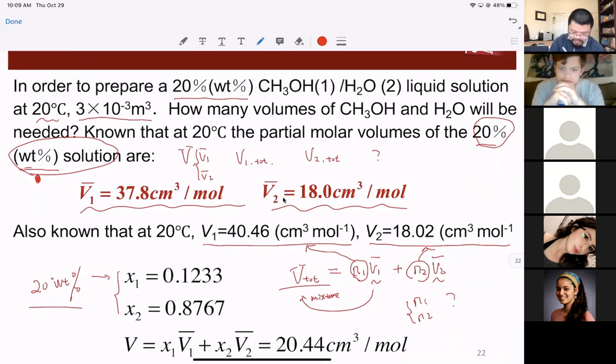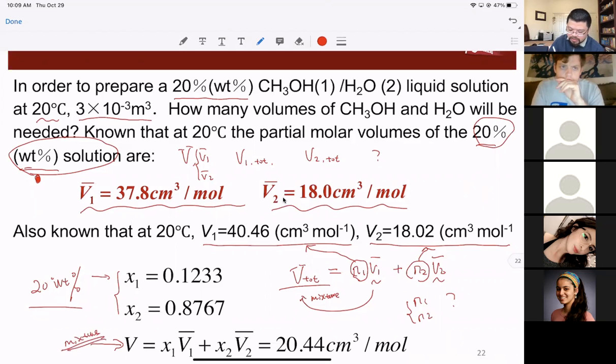And if that is the case, then I can calculate this specific volume of the mixture, right? So I can have x1 multiplied by V1 partial, x2, V2 partial, then I can have this mixture.